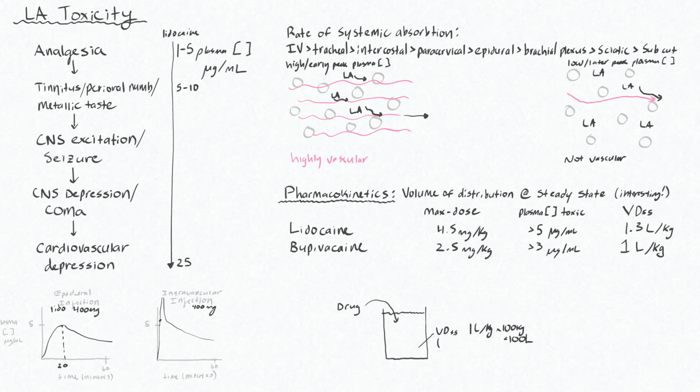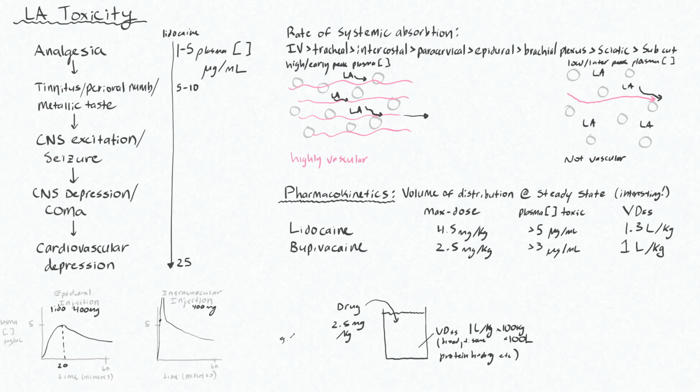So where is that drug hiding? Probably blood, tissue, protein binding, etc. But the combination of all those things for a 100 kilogram person makes it look like the drug is hiding in 100 liters. So we take 2.5 milligrams per kilogram as our max dose, and let's give that to the person.